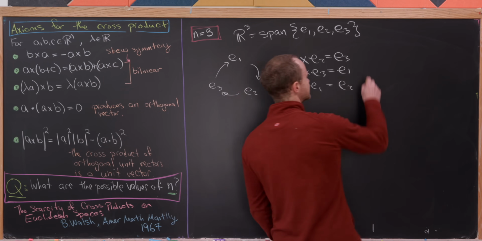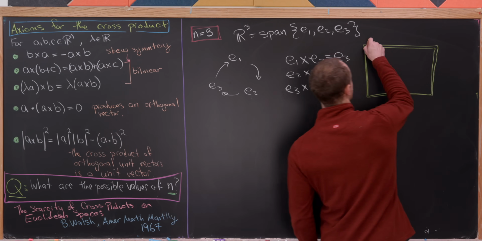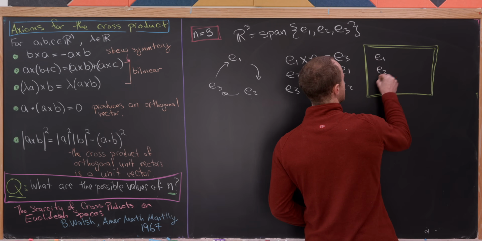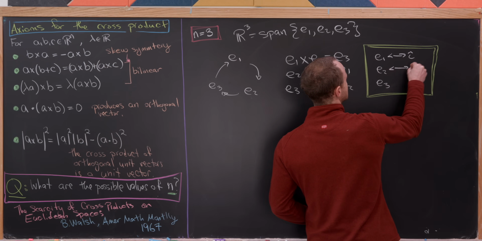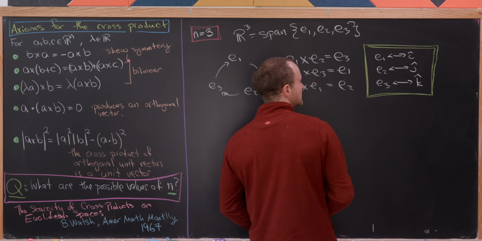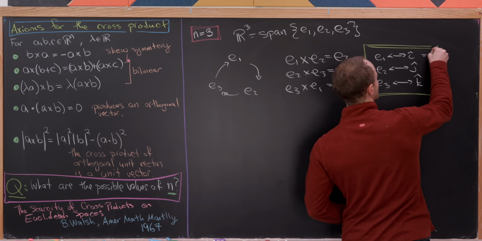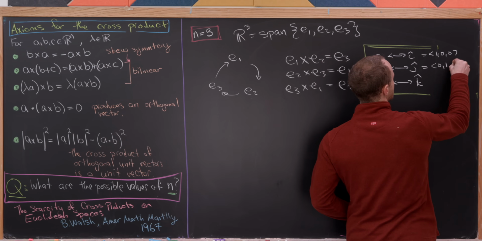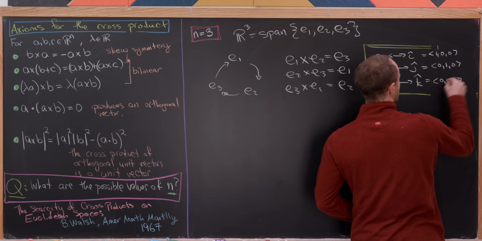So let's observe that this is exactly what you might have seen in a calculus class or a physics class, where the notation, instead of being E1, E2, and E3, is i hat, j hat, and k hat. Of course, those are the familiar vectors (1, 0, 0), (0, 1, 0), and (0, 0, 1).